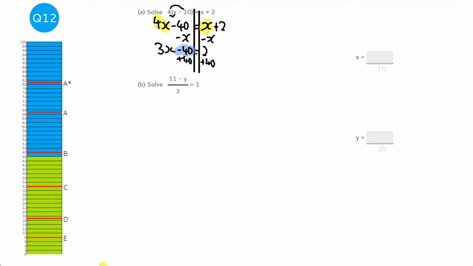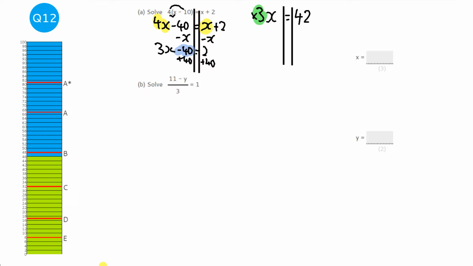I'm slightly running out of room here, so I'm going to put my answer up here. I do another set of lines. Okay, so we're going to end up with 3x on the left hand side equals, and then 2 plus 40, which is 42. Okay, then I've got this 3 here, and that's actually a times 3.